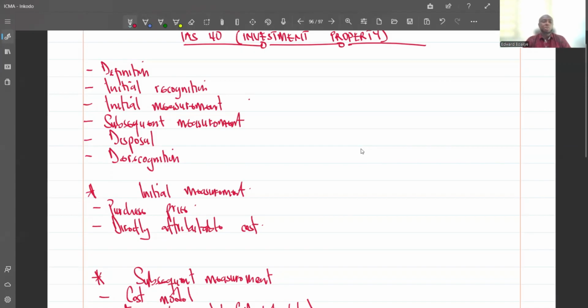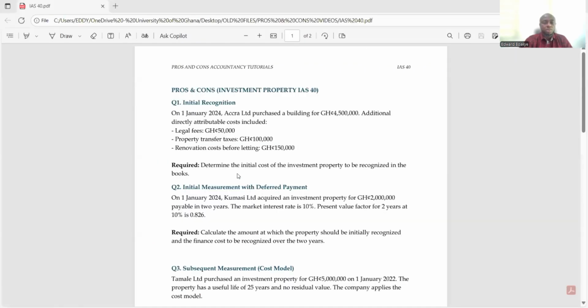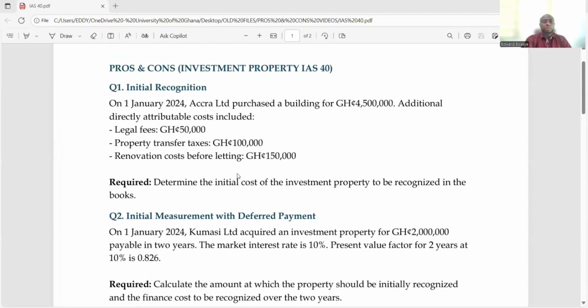So let's have some scenarios on the initial measurement and the rest so that we can end our session on IAS 40. So if you look at this scenario, question 1 is basically on initial recognition, as we mentioned.